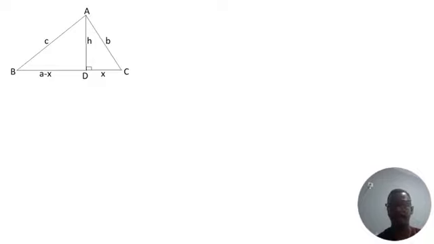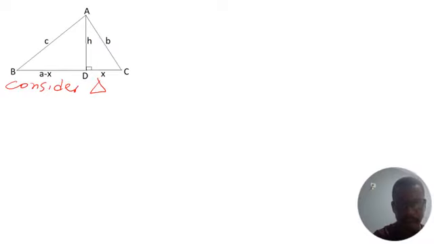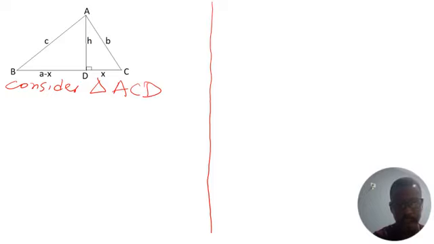cosine rule. Right? Yeah, so from now, let us consider triangle, with the intention of having more space. Consider triangle ACD. Okay, ACD.